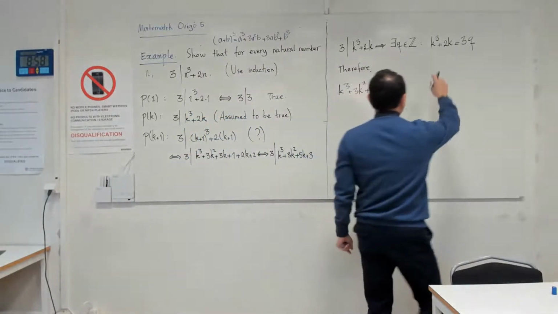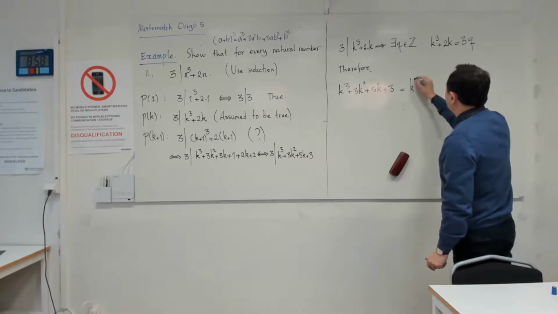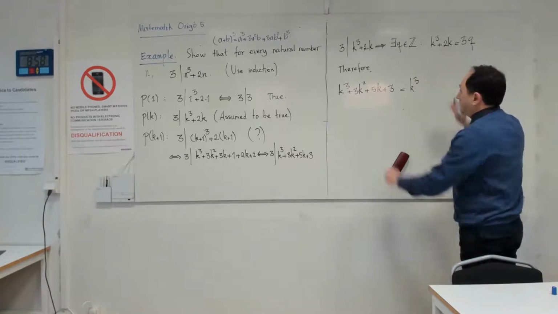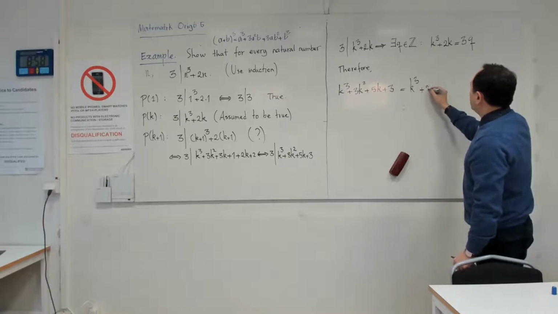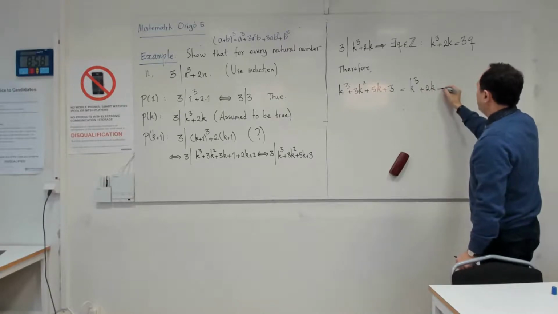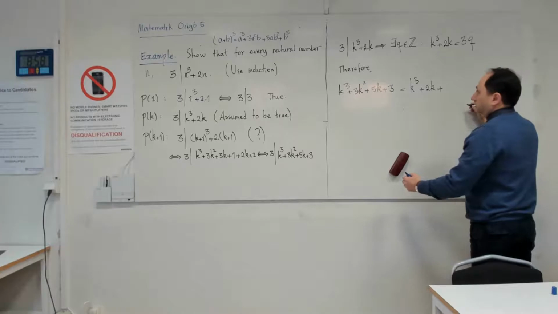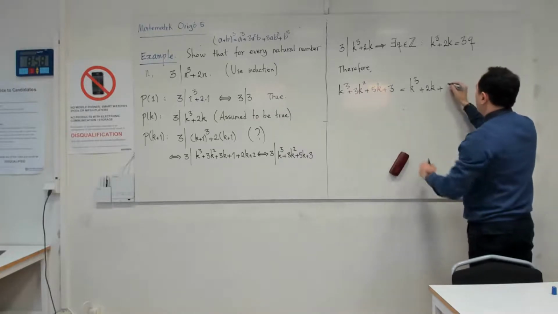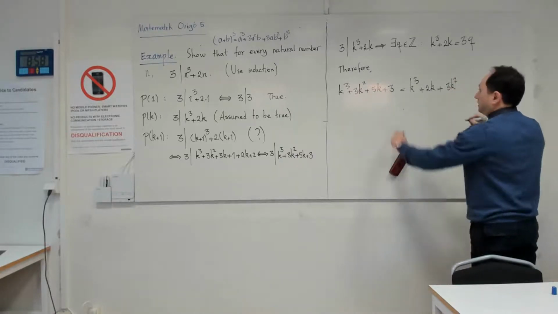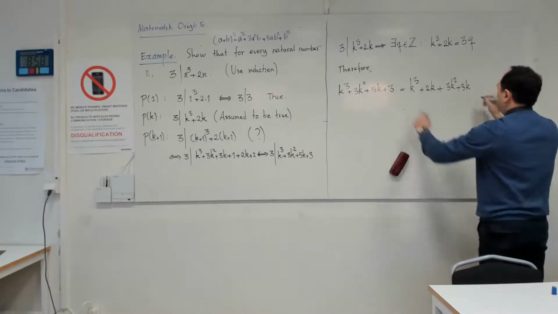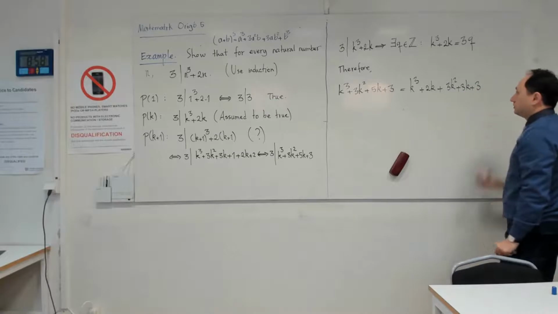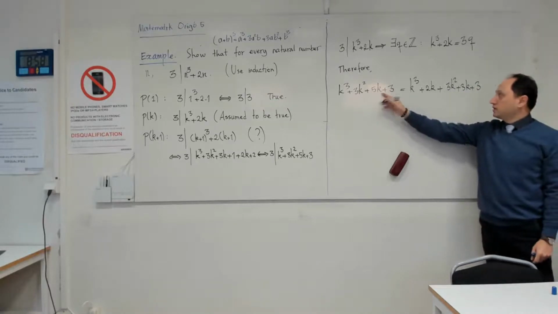k^3 is good because I need it. I need 2k. I have 5k involved, yes? So what can I write? I can write 2k here. And then what is left for me? The terms left for me are 3k^2, and there is a 3k here and a 3 here, yes? These are left. So do you agree that this one is equal to this one?